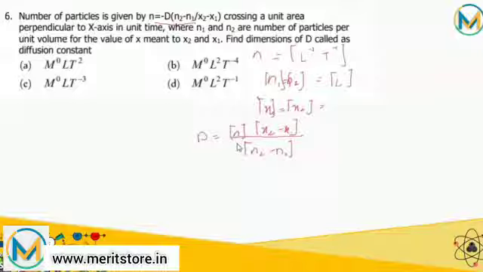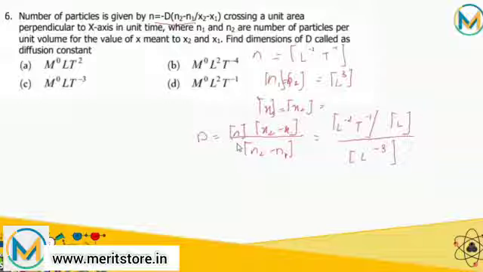Substituting the values, n is L minus 2 T minus 1, x2 minus x1 will be L, and n2 minus n1 is L cube, so this is L minus 3.